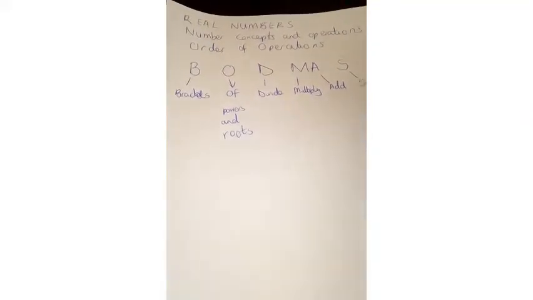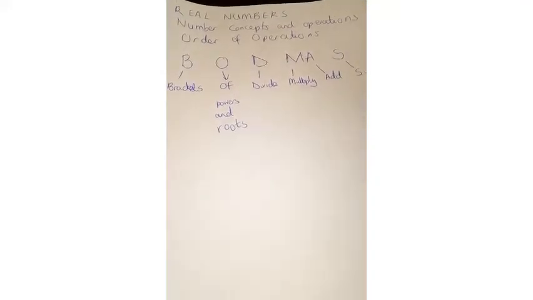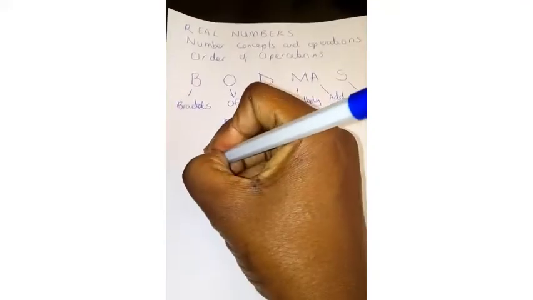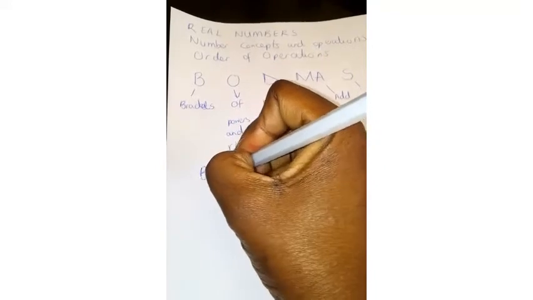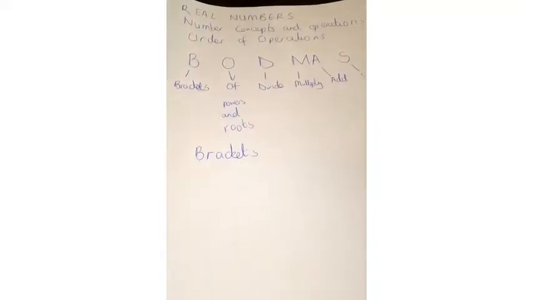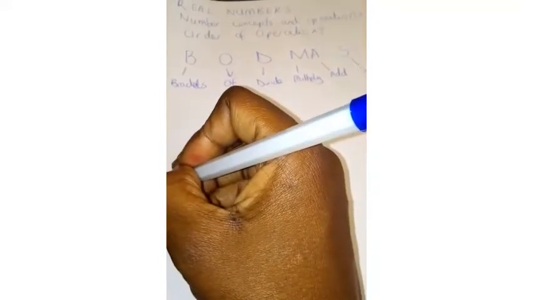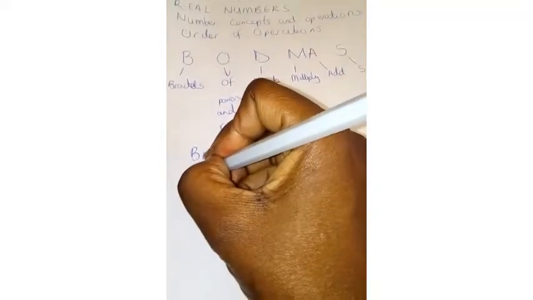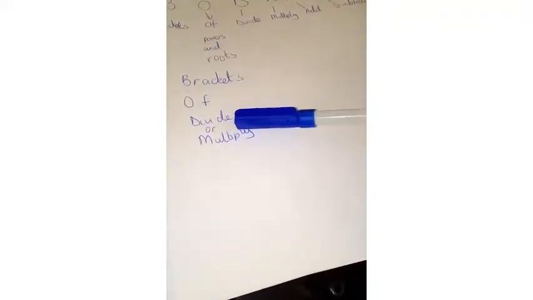So according to these rules, you should first solve everything in the brackets, and then solve everything that is defined by of. And then next, you do division and multiplication.